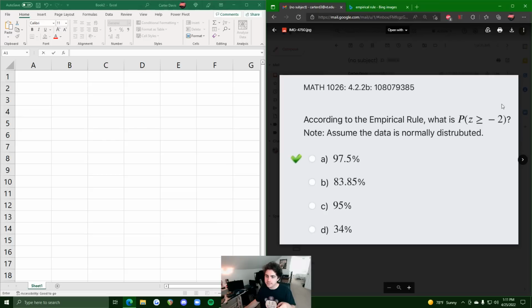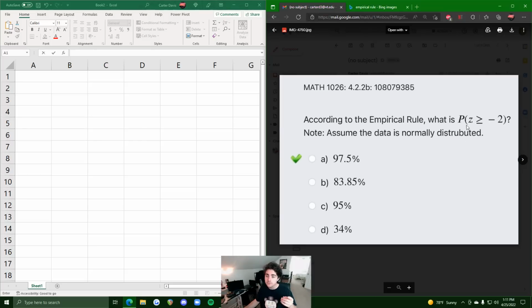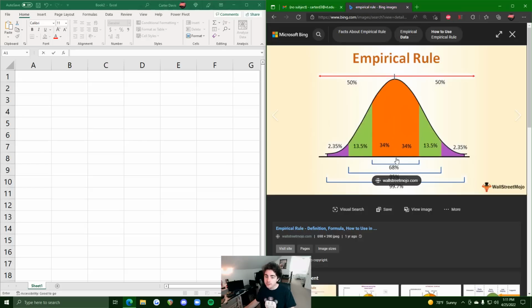So to relate it to this problem, what they're asking is, what is the probability? In other words, what is the percentage of the area under this curve that is greater than -2? Again, z represents the number of standard deviations. So when we see -2 here, it's talking about going 2 standard deviations away from the mean in the negative direction.